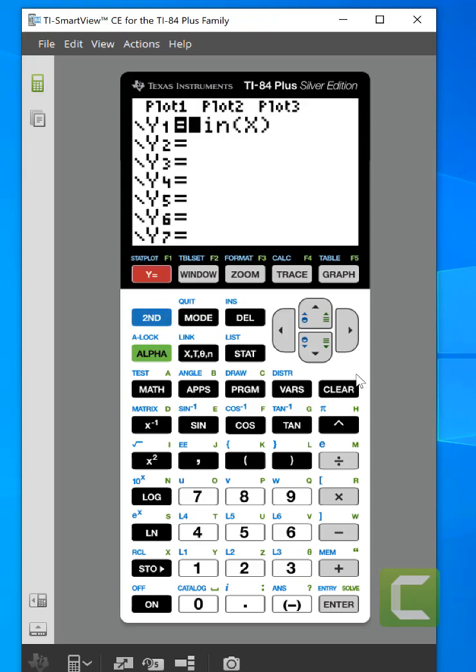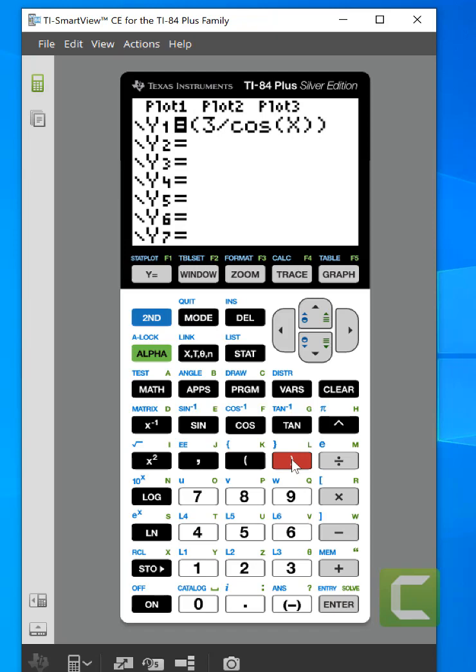I'm going to go to y equals, and I'm going to clear this out, and I want to write 3 secant theta. So I'm going to put parentheses, 3 divided by cosine theta, but I'm going to put x because I don't have theta, and I'm going to close all the parentheses.